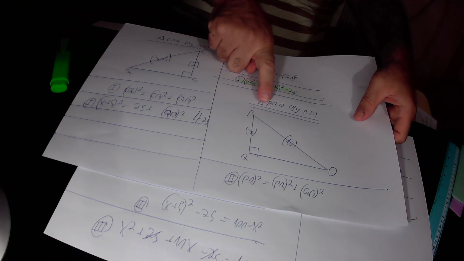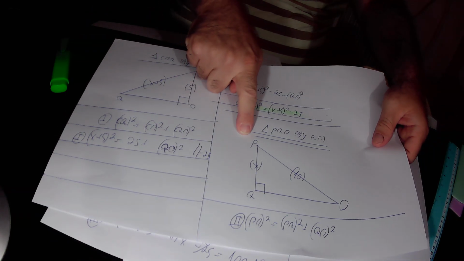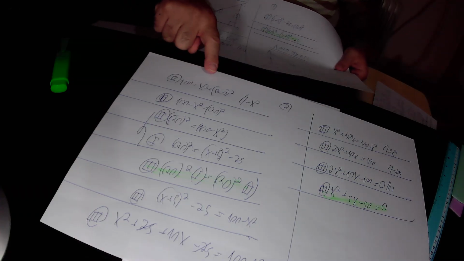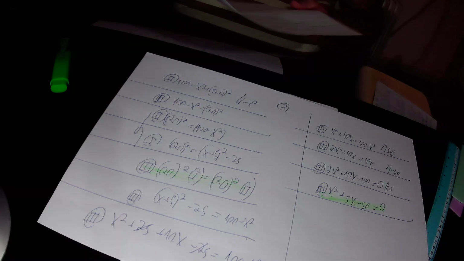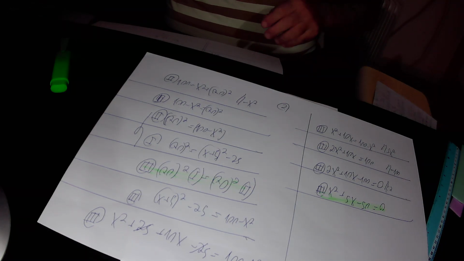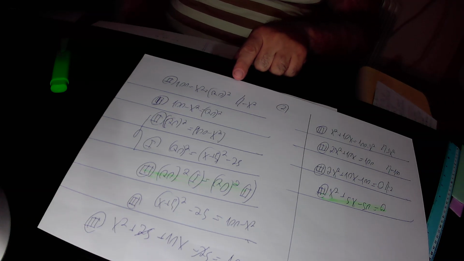PO is 10, therefore PO squared is 10 squared, that is 100. It equals PQ squared. PQ is x, therefore PQ squared is x squared, plus QO squared. QO is the missing side, so leave it as it is. So in total, according to equation 2, 100 equals x squared plus QO squared.